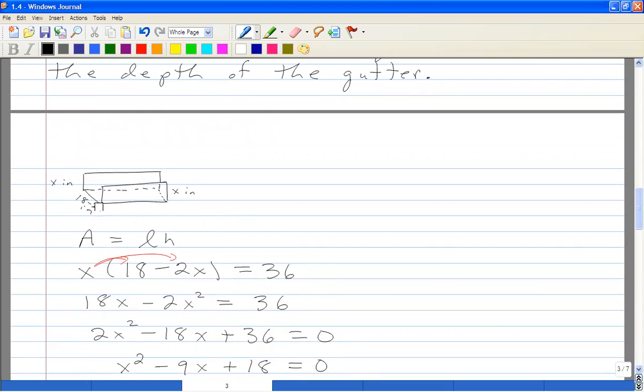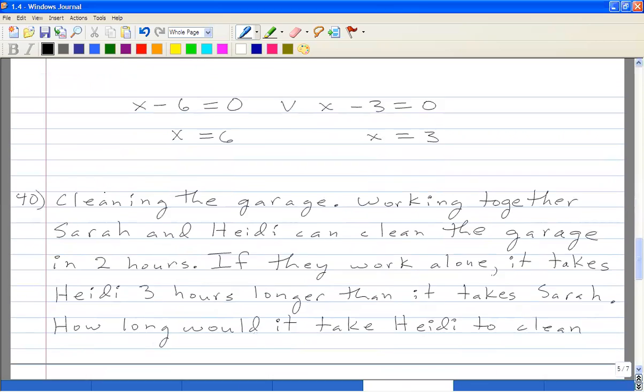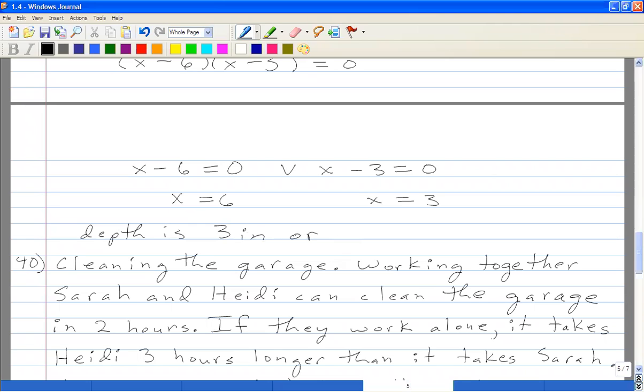It could be a 6 by 6 by 6, or you could have a 3 by 12 by 3. So you could have either one of those, and those seem to work. And so there's two possibilities. Either the depth is 3 inches, or 6 inches. And those are two possible answers for this particular problem.